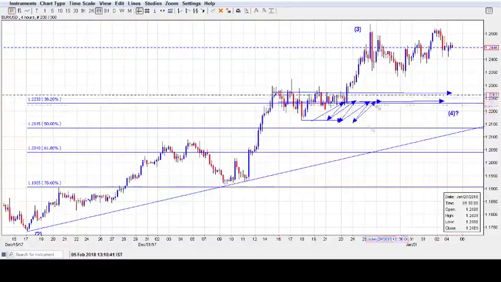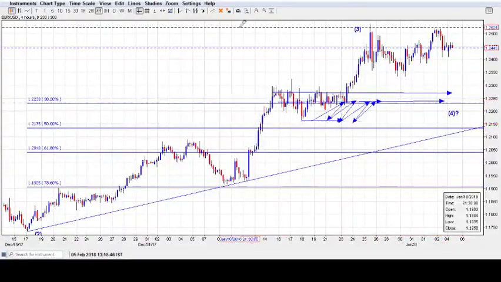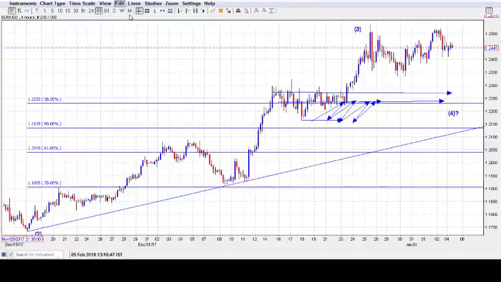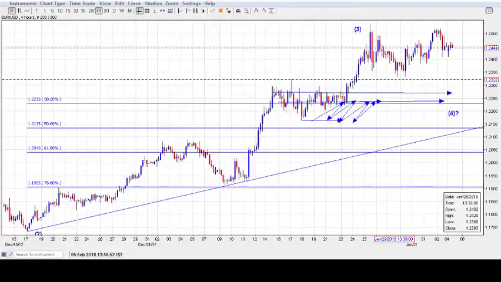So this entire zone between 2150 and 2250 could be a potential termination point for the fourth wave, which has unfolded nicely as a flat now.